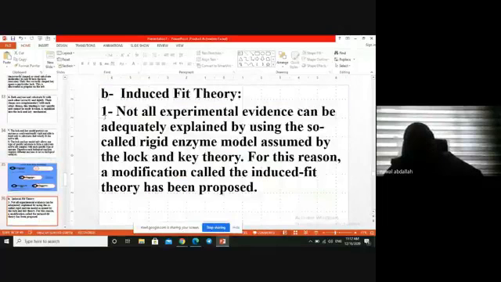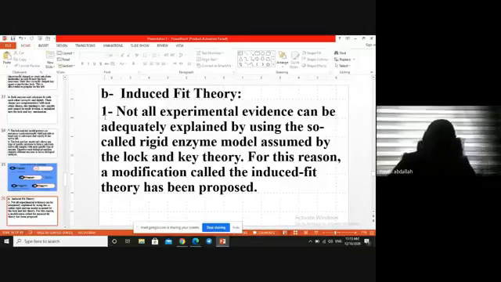The other theory used to explain the mechanism of action or function of the enzyme is called the induced fit theory. Not all experimental evidence can be adequately explained by the so-called rigid enzyme model assumed by the lock and key theory.